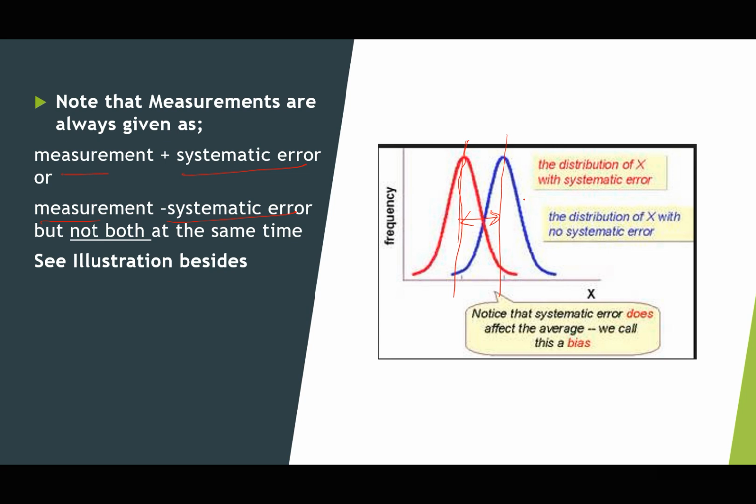Actually, the systematic error affects the average. The average value of x with a systematic error is not the same as that with no systematic error. So there is this gap here between the average values. So systematic error affects the average, and I said we call this a bias. The measurements are always above, or the average is always above, or it is always below the true value, but not both at the same time.